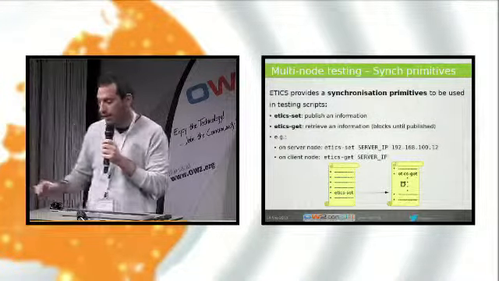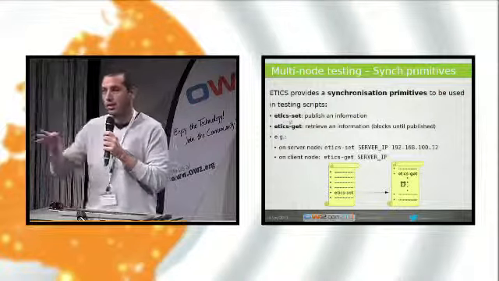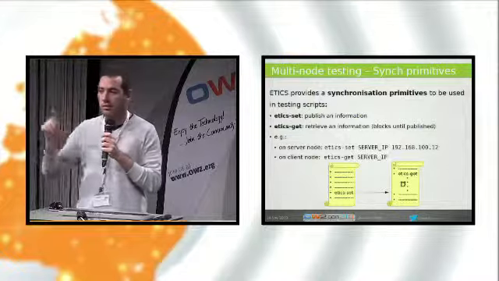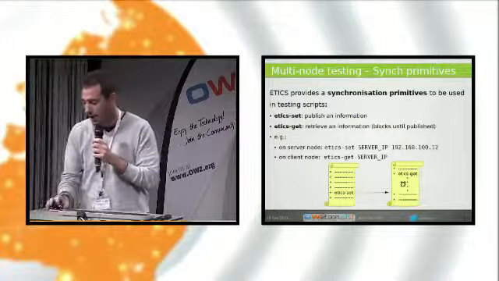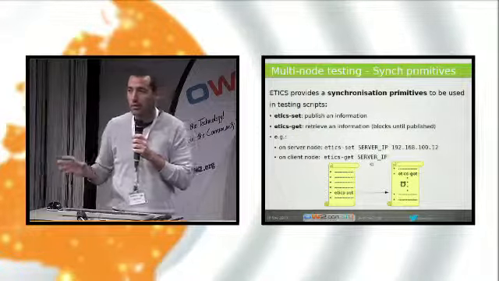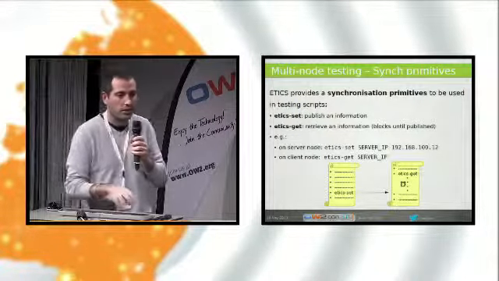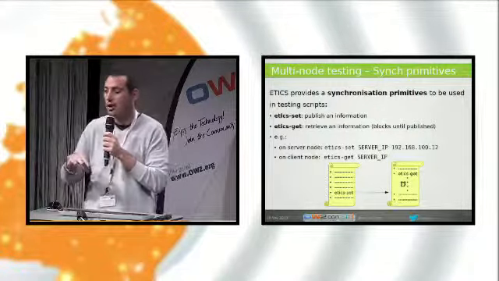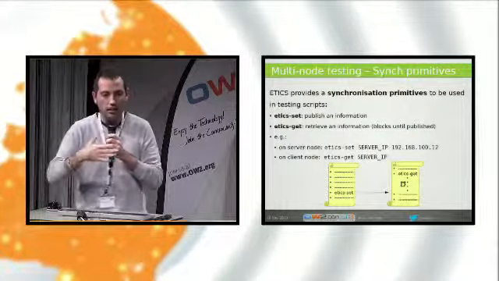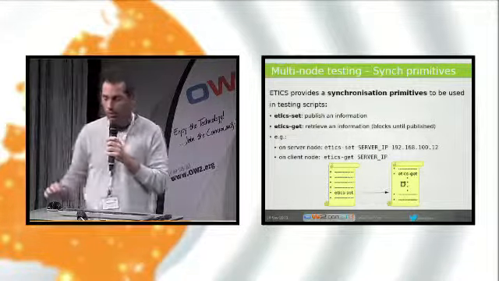And the nice thing is that the get is a blocking call, so the script will wait until the other node publishes the information. This is very basic synchronization, but in some way it's very powerful because it allows you to synchronize all the testing scripts to run the whole test.